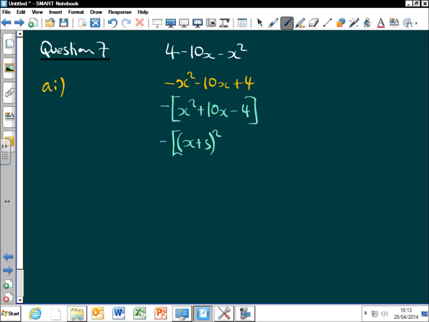Squared, it's going to give me 25, so I'm going to need to take away 29. Okay. And then I'm going to put the negative back in, and so I will get 29 take away (x plus 5) squared, and that's the form that it wants it in. So p is 29 and q is 5.